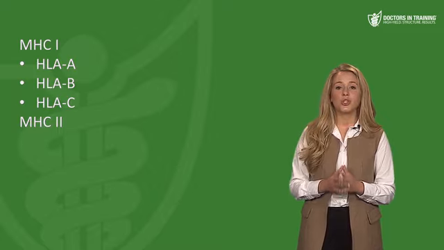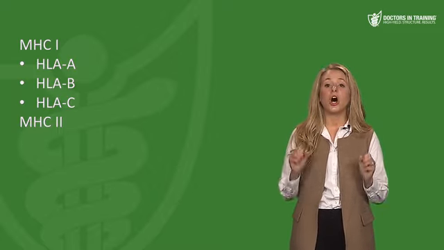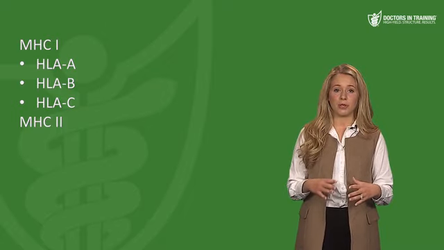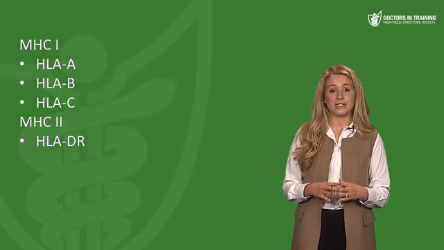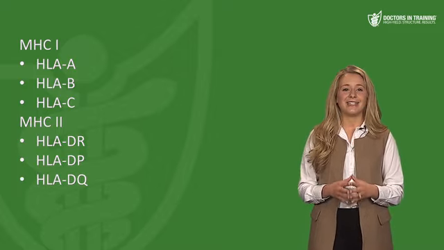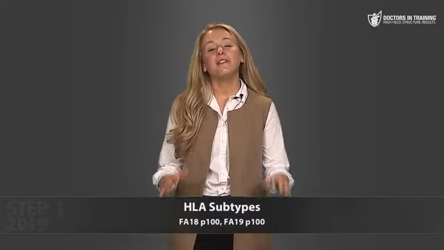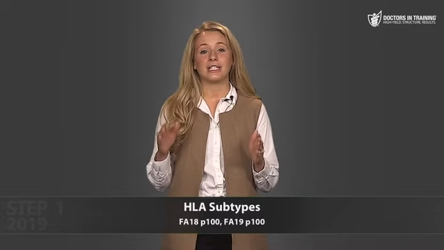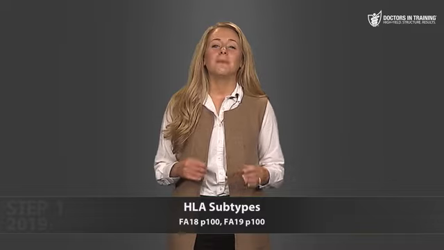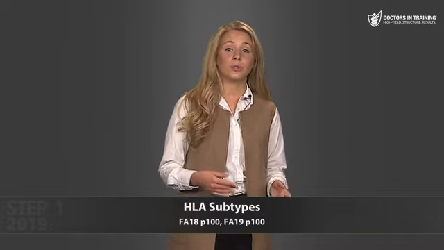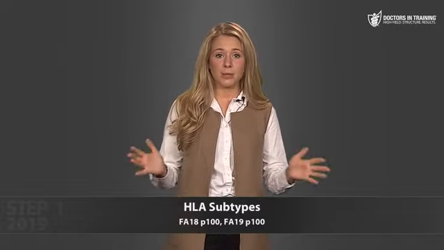Remember, MHC2 molecules are only found on antigen-presenting cells, and the genes that code for MHC2 proteins are HLA-DR, HLA-DP, and HLA-DQ. Now, all of these HLA subtypes can be further classified into specific loci and specific alleles. You might divide HLA-DR into HLA-DR1 or DR2 or DR3, and so on.